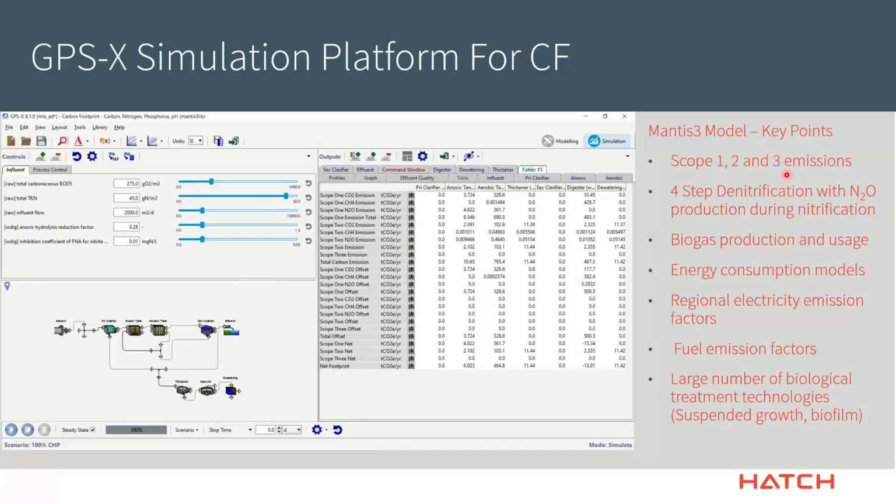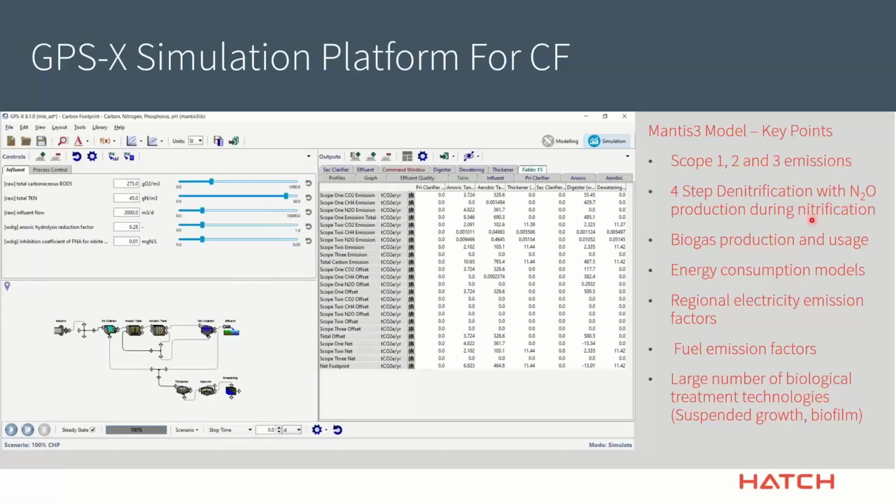And one of the challenges, I believe, that we had in formulating this model was to actually put in the models that can calculate the N2O production, because our standard models are just simple nitrification, denitrification processes where we look at the transformation of ammonia to nitrite and nitrate, but we don't really estimate the N2O production. So that is one of the changes that we have in this particular model.